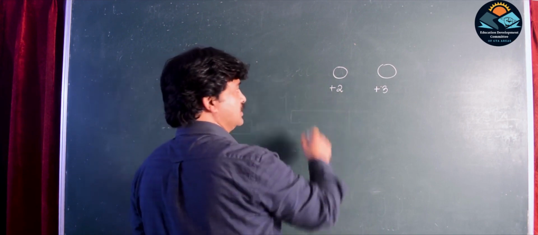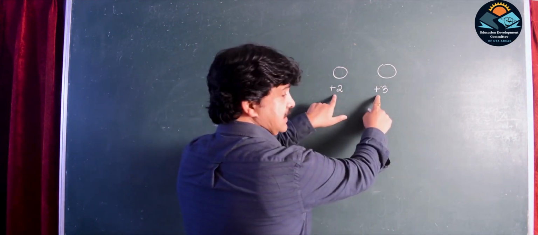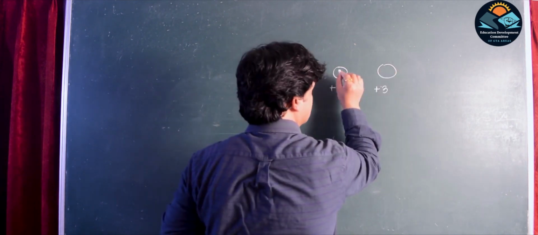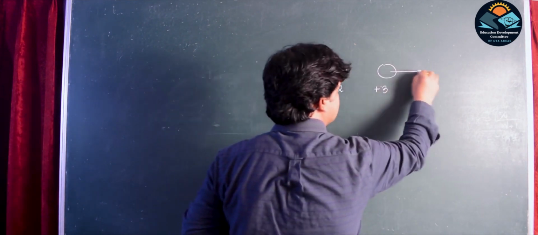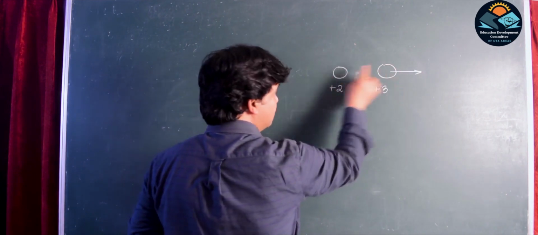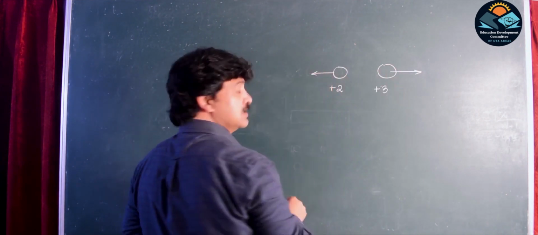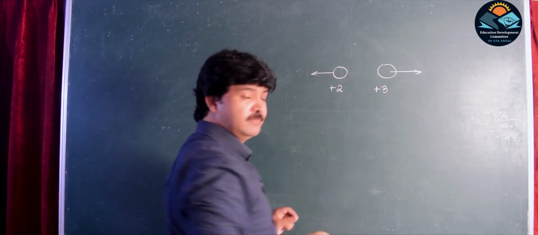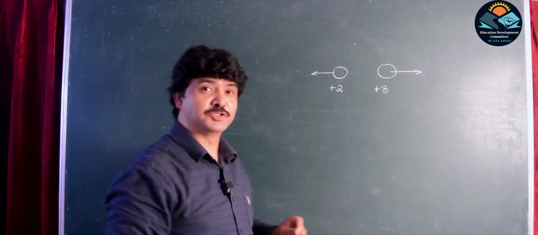Yes, the force of repulsion, because they are like charges, similar charges, isn't it? So these two will repel each other. The first body will repel the second body this way, and the second body will exert force on the first body in this direction. So there will be a certain amount of force, and that is what we are going to find out.